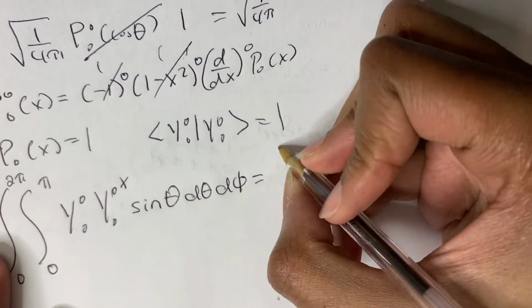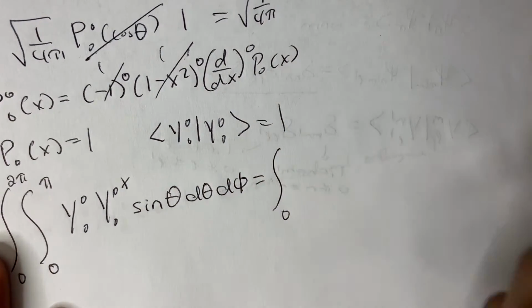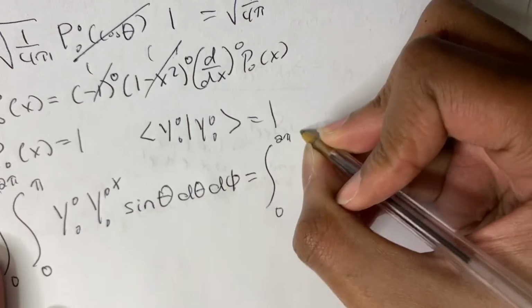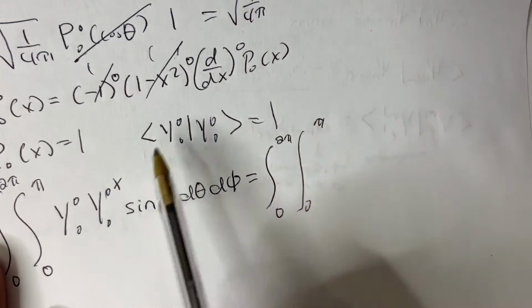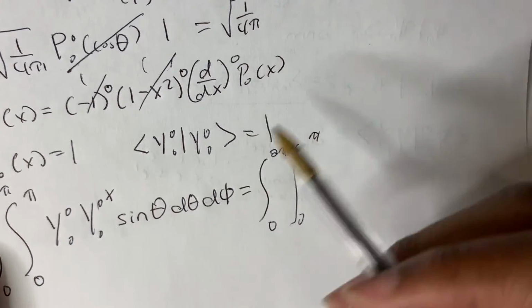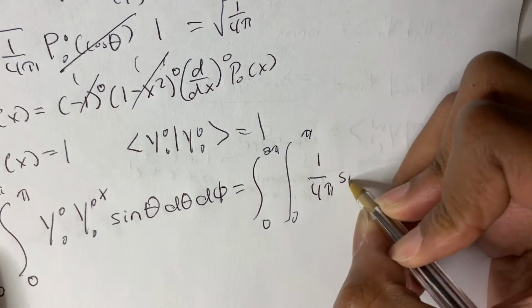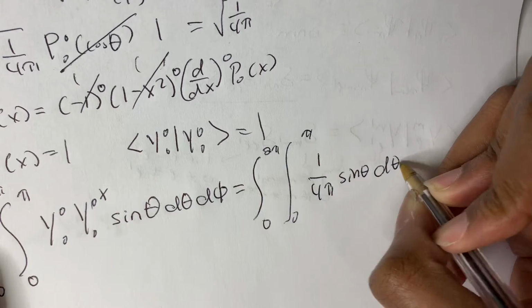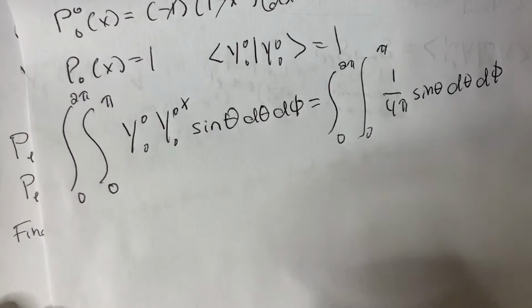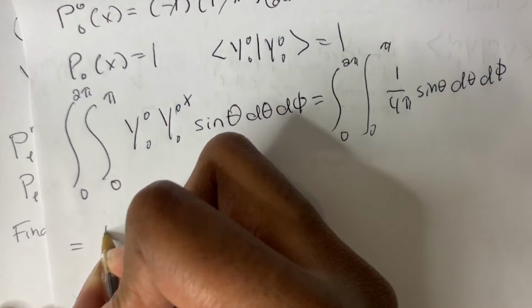It should be 1. So 0 to 2 pi integral of 0 to pi Y00. That's just 1 over square root of 4 pi. That times itself, that's just 1 over 4 pi, sine theta d theta d phi. We can move our 1 over 4 pi to the front.